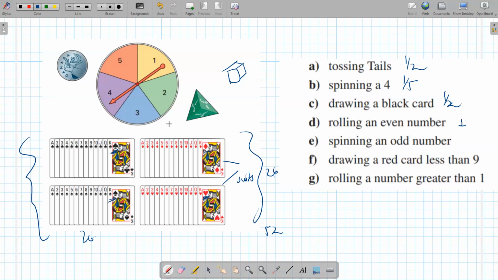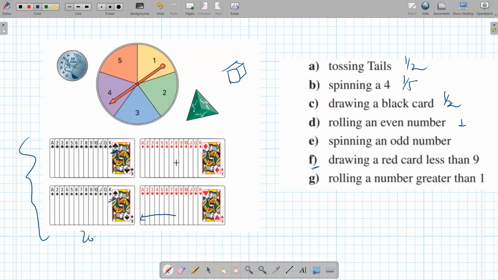Drawing a red card less than 9. So that one can be a little bit tricky. If you look at the red cards, you can draw any one of these.